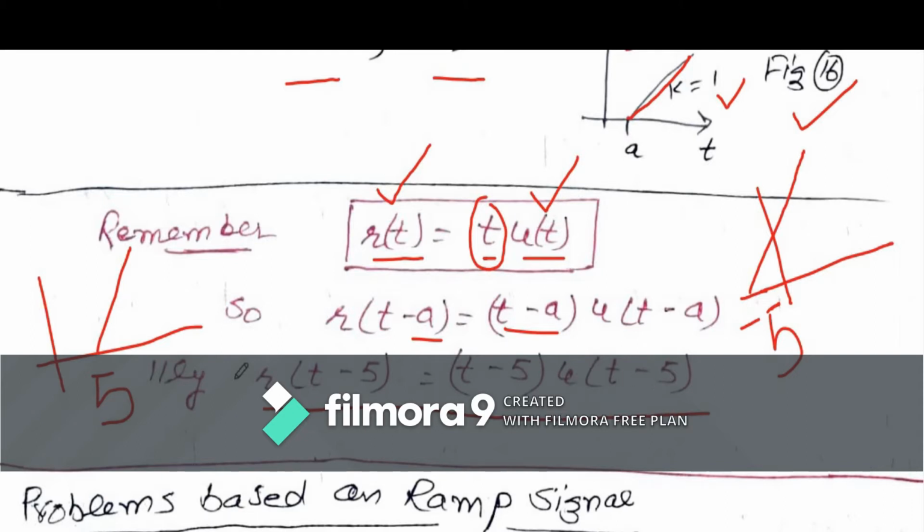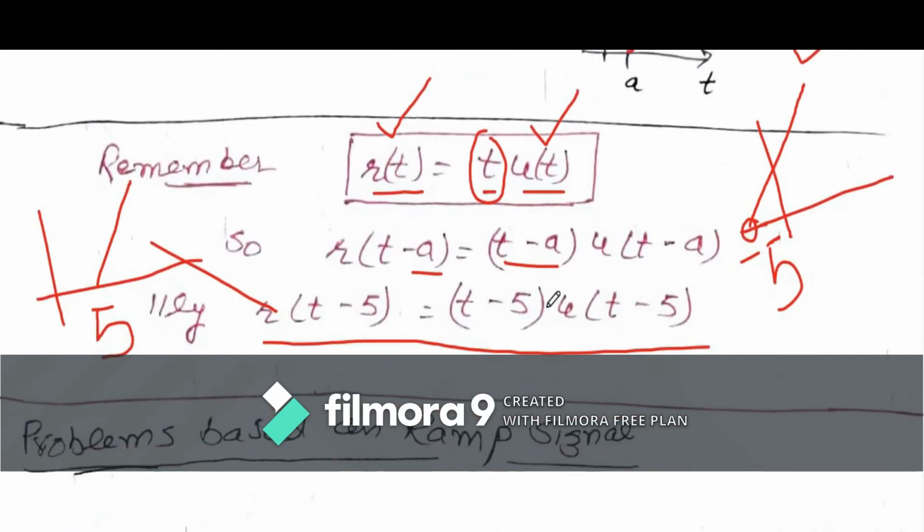This is for this, and for this, in place of minus, it will be plus. If I have to write down the expression for this waveform, which is starting from minus 5, then it will be R of t plus 5, t plus 5, U of t plus 5. Clear? Now let us see some problems based on these ramp signals.